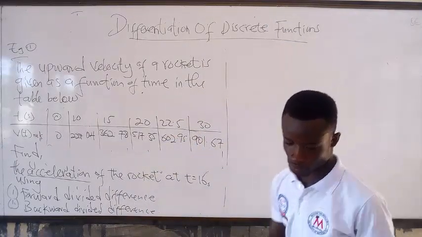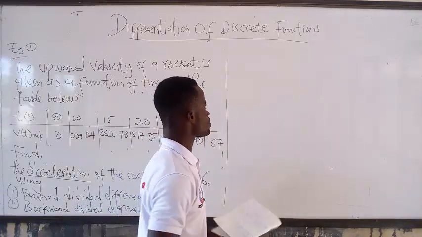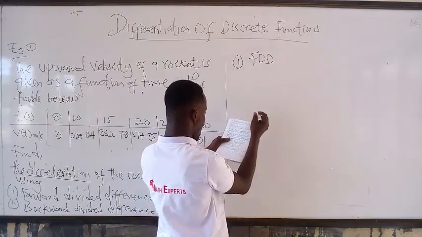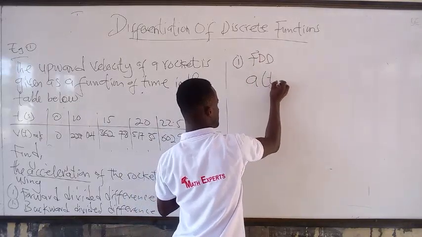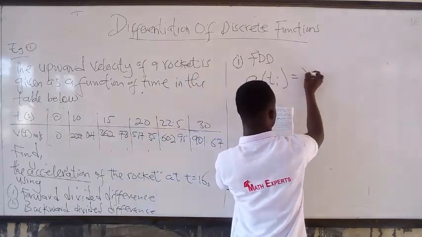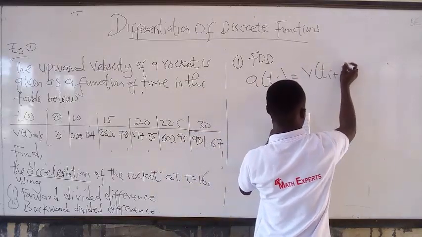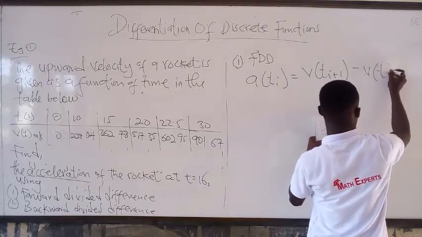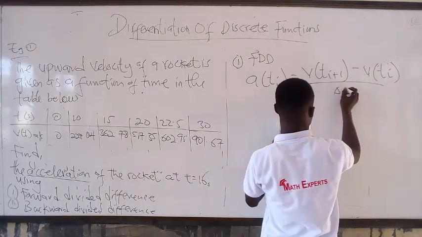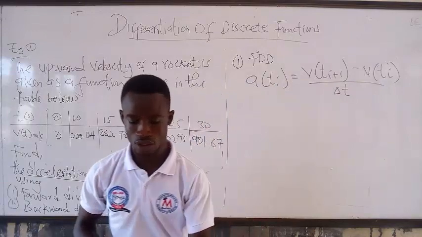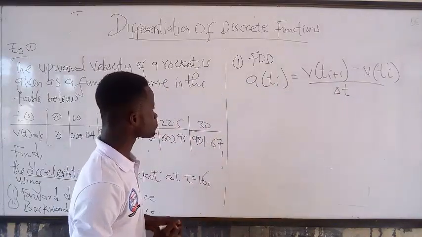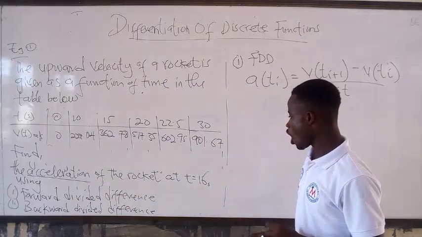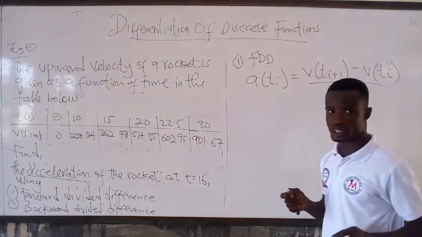So now we have established the formula we are using for the divided difference, all over delta t. Let's always start with the initial value given to you.